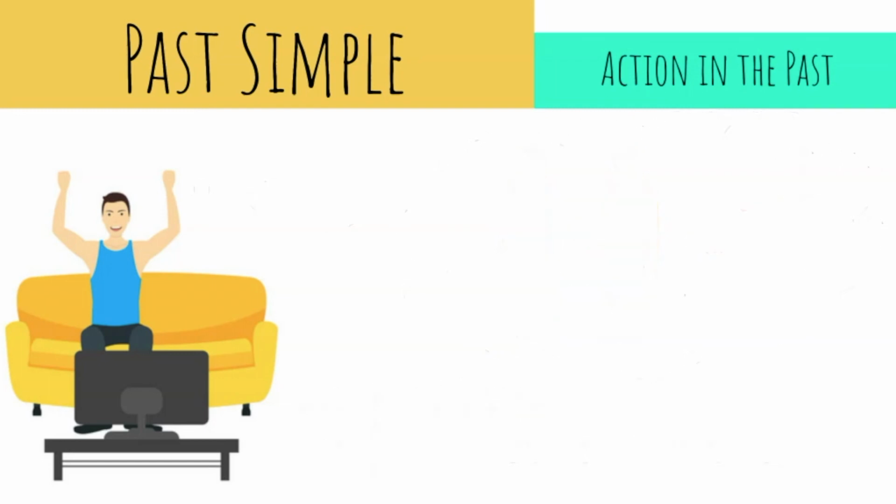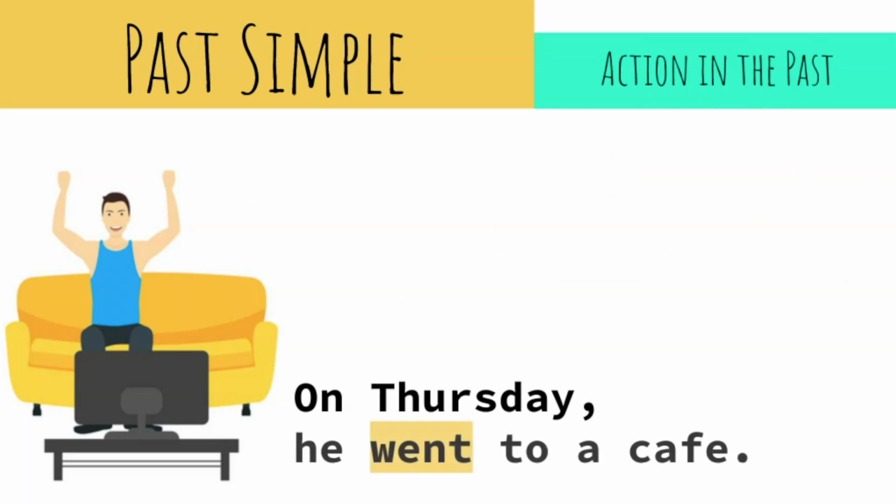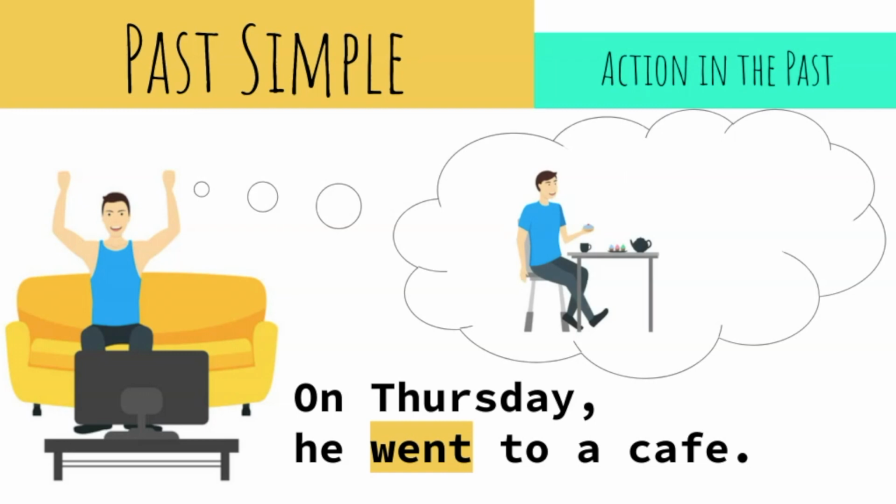On Thursday, he went to a cafe. He is not going to a cafe right now. Right now, he is watching TV. On Thursday, he went to a cafe. The action happened in the past.